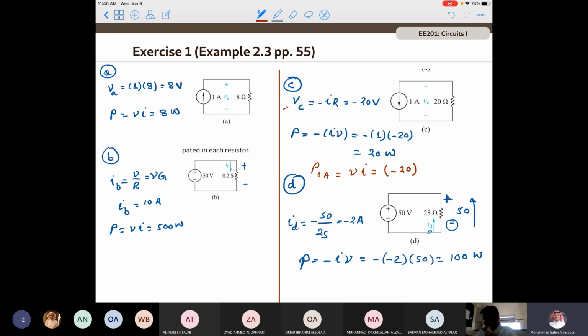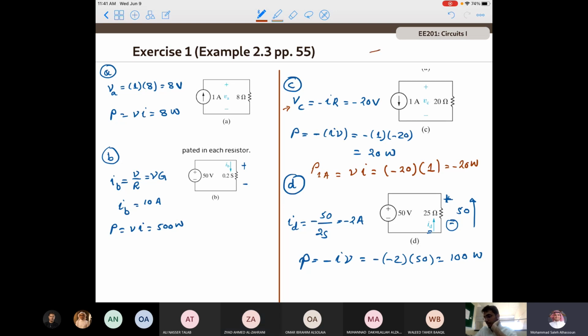We calculated V. Okay. So multiplied by 1, which is negative 20. You can see here that the source power is negative, which means that the source is generating power, and the resistor is dissipating the power.